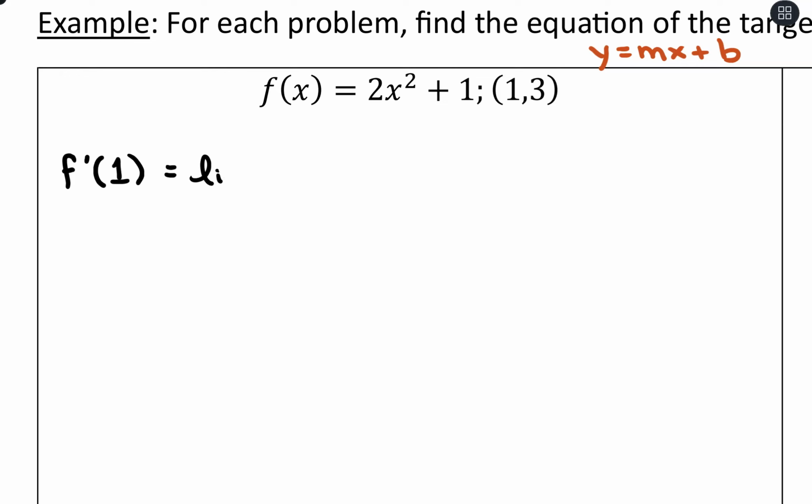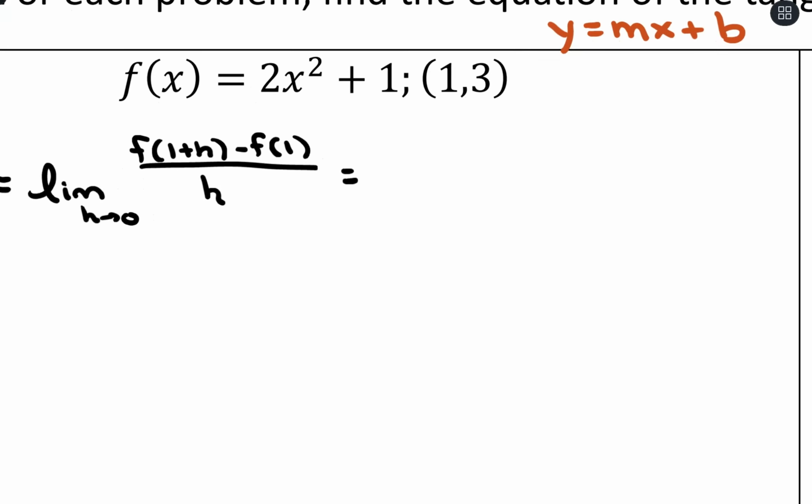So we want to evaluate the limit as h approaches 0 of f of 1 plus h minus f of 1 all over h. And again, it's your choice if you want to do the calculation all in one or separate it up. I'm going to go ahead and just do this all together, but either way works.